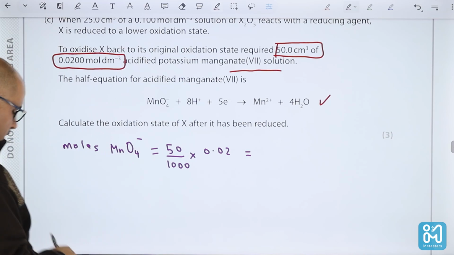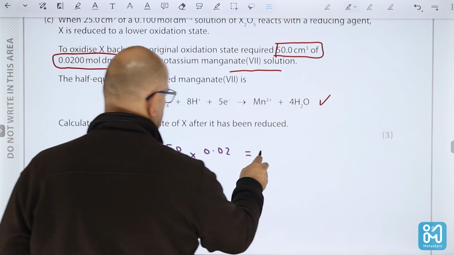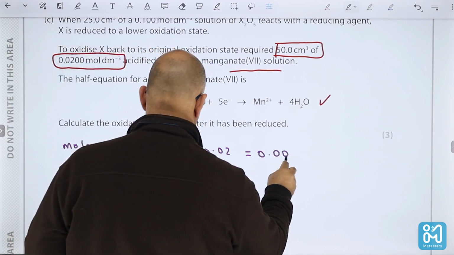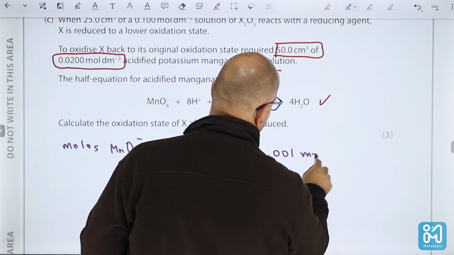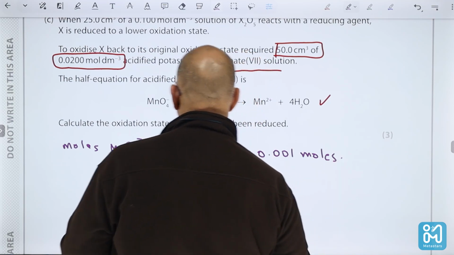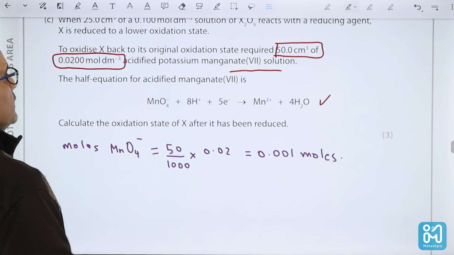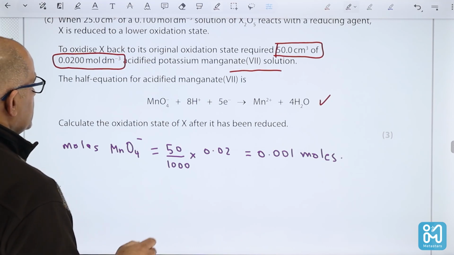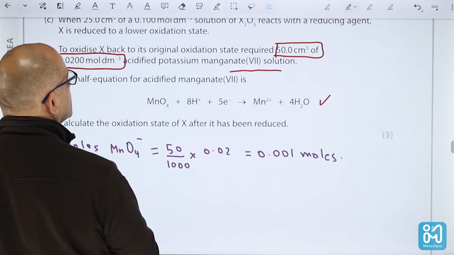And this will give us how much? It will give us 0.001 moles, and you can find the relation now. This is for what is used.